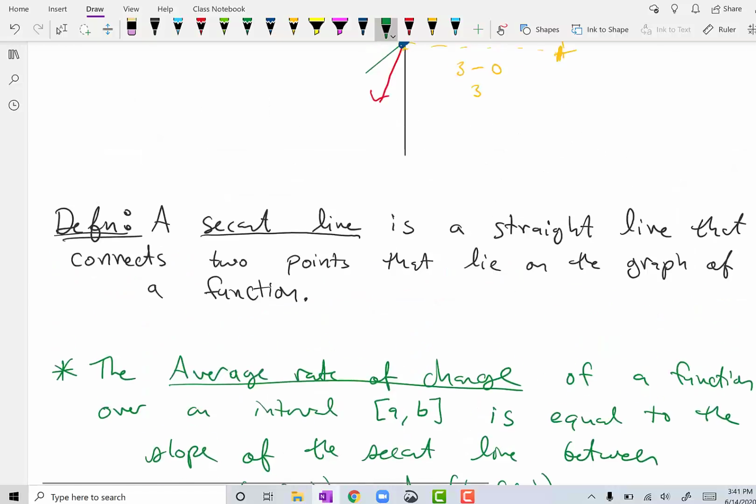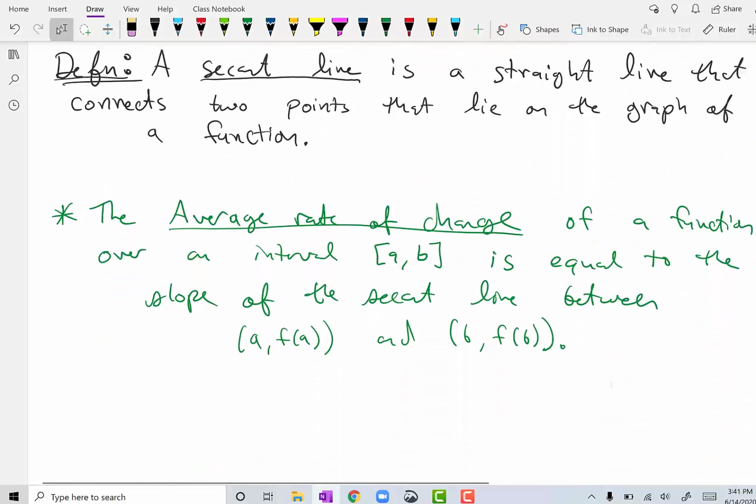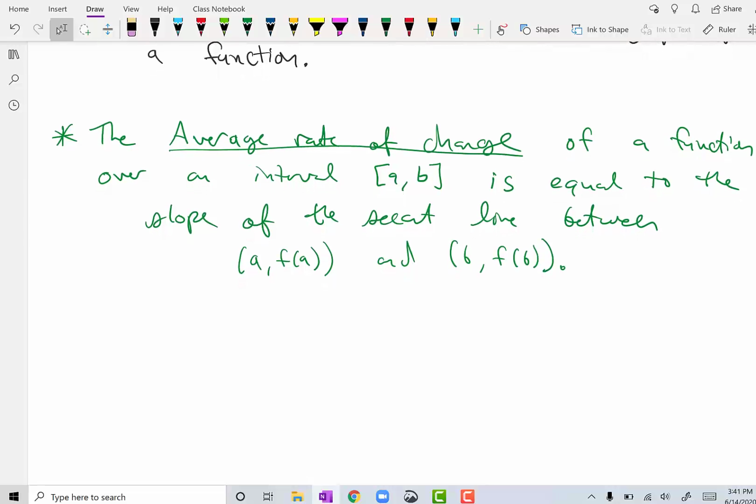And finally, a secant line is a line connecting 2 points on a graph, and if you are looking to calculate the average rate of change, that's the same as calculating the slope of the secant line between the points that lie over the inputs of your interval.